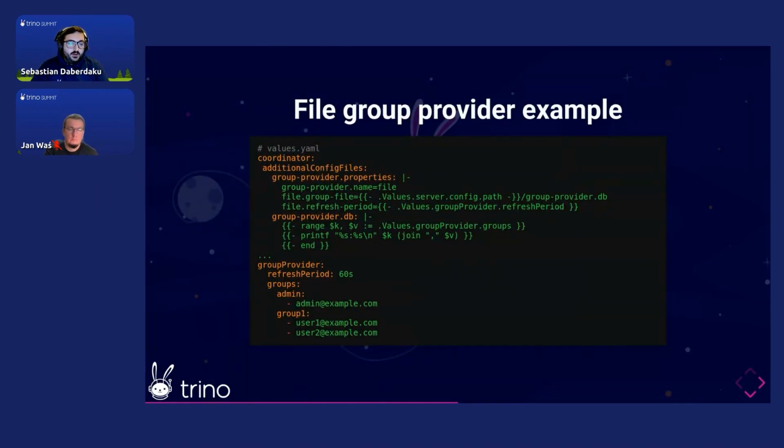Now, it's much more convenient if the users and groups could be handled as YAML lists and YAML objects. In the example that I'm showing here, we can manage groups as lists of users. As you can see, there's the admin list of users and the group one list of users.